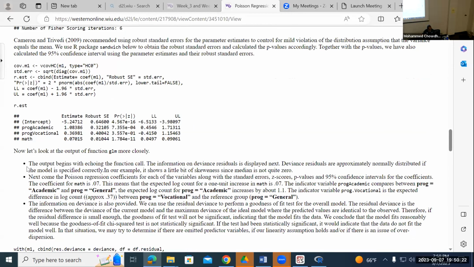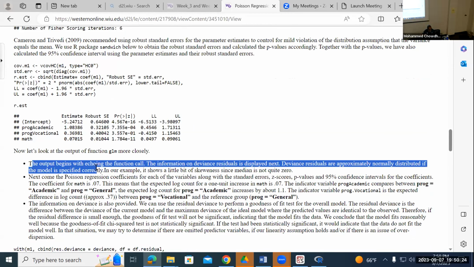In this first bullet point, the output begins with echoing the function's call. The information on deviance residuals is displayed next. Deviance residuals are approximately normally distributed if the model is specified correctly. In our example, it shows a little bit of skewness since the median is not equal to 0.